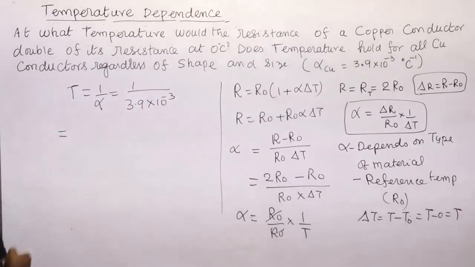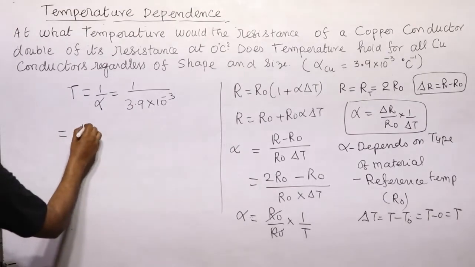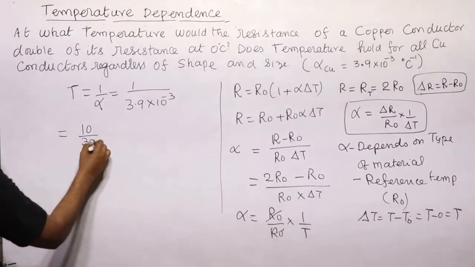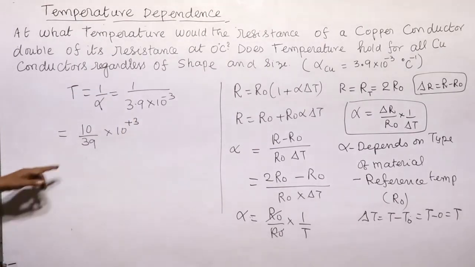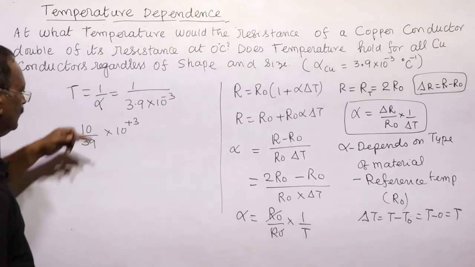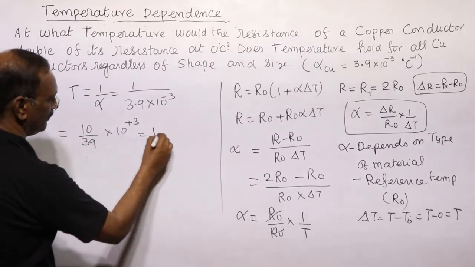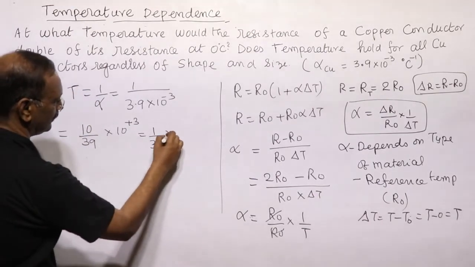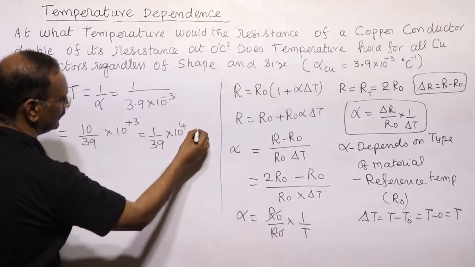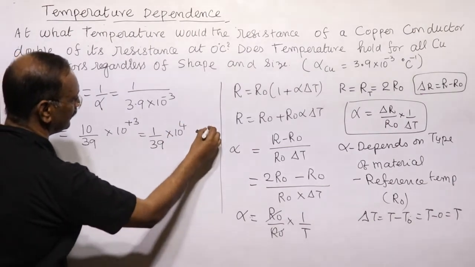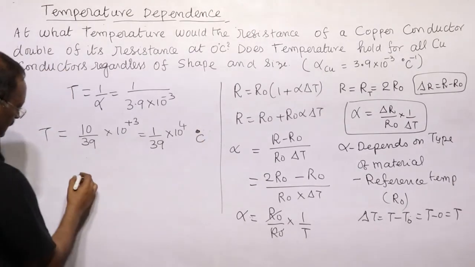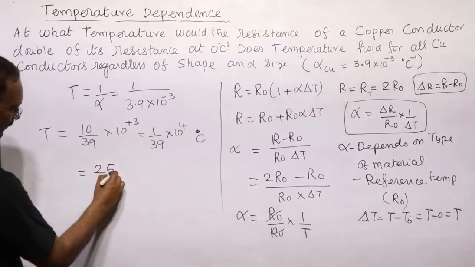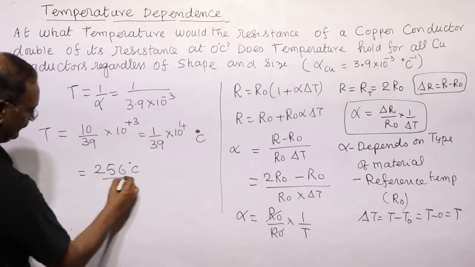This we can write as 10 by 39 into 10 to the power plus 3, that is 1 by 39 into 10 to the power 4 degrees centigrade, because the temperature will be in degree centigrade. The answer is 256 degrees centigrade.